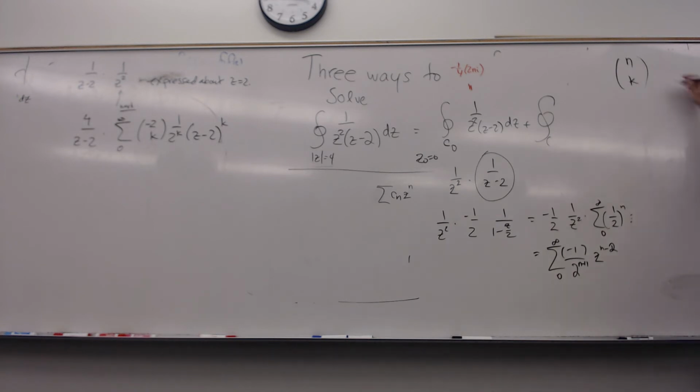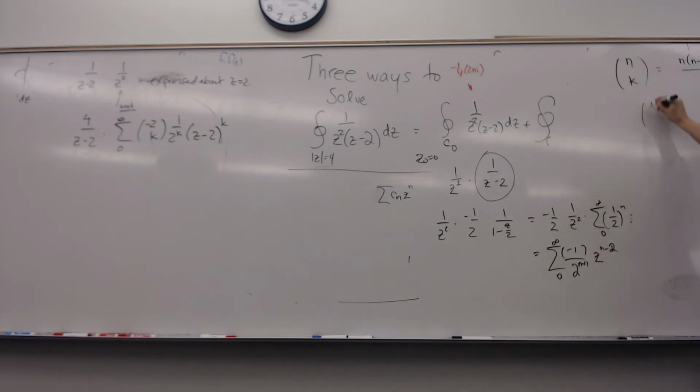The way that you do it is you write n times n minus 1 down to n minus k plus 1, and then divide by k factorial, which you could put any number into, and it works. So this is a generalization of the combinations, where you can put any number in for n.